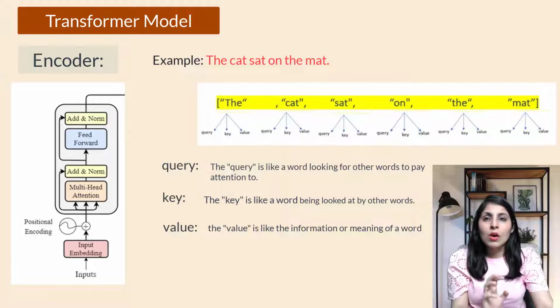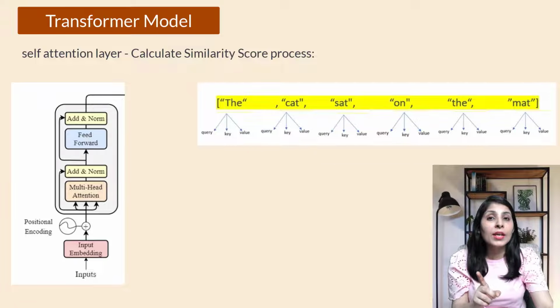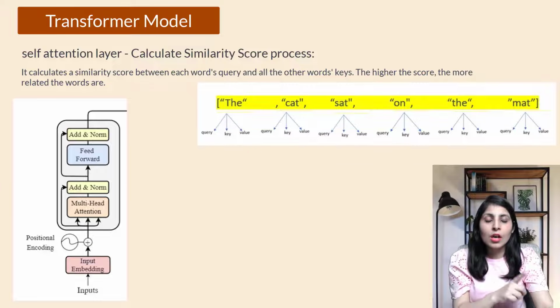Now the self-attention layer looks at each word and compares it to all the other words in the sentence, and sees how they are related to each other. Then this self-attention layer calculates a similarity score. What this layer does is calculate the similarity score between each word's query and all words' keys.